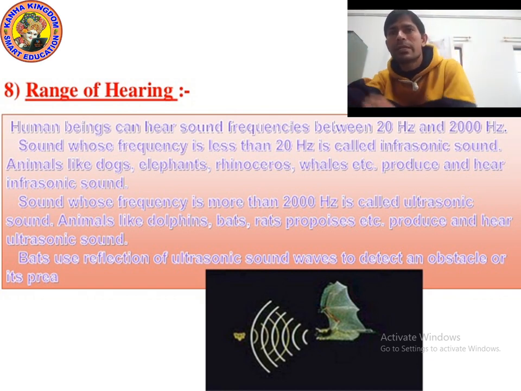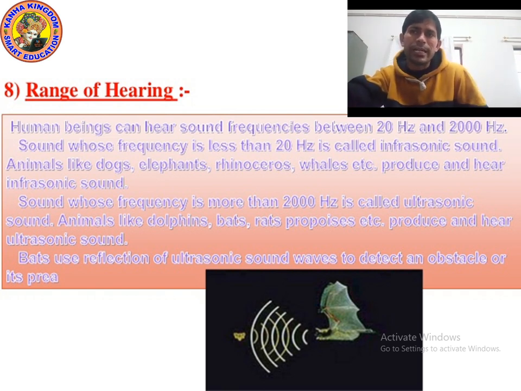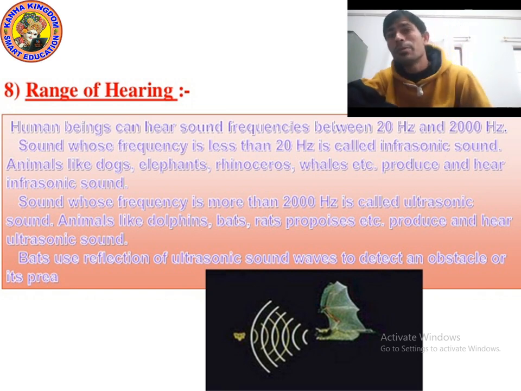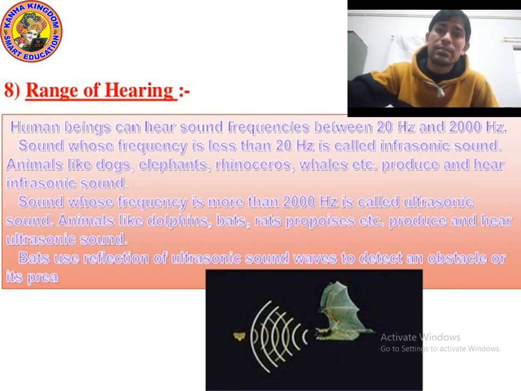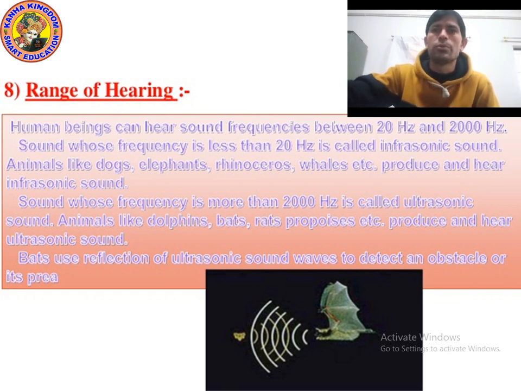It produces ultrasonic sound waves. When these waves strike an insect or any obstacle, they bounce back and reach the bat, and the bat understands that yes, I got my prey. I hope you understood. Now let's move on to the next point.